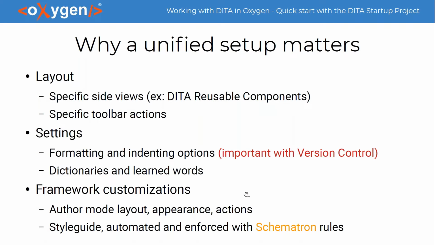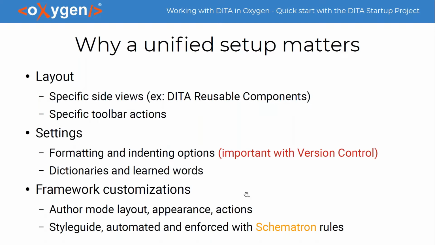Framework customizations, I've grouped here things like changes made to the author mode, the visual editing mode in Oxygen, the appearance of the applications, maybe some new actions defined in the author mode, and also the style guide.